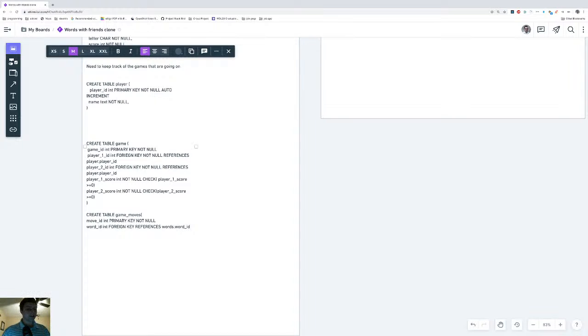I'm assuming at this point, the assumption at this point, creating this table, is that a game or database will have checked what word is being played before.